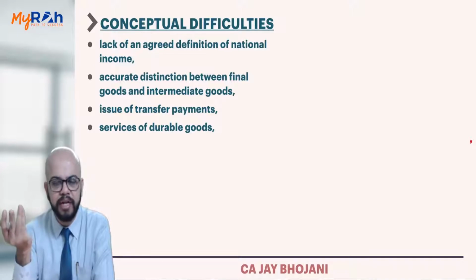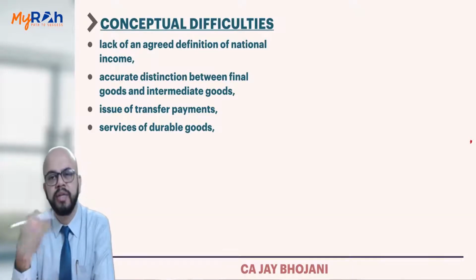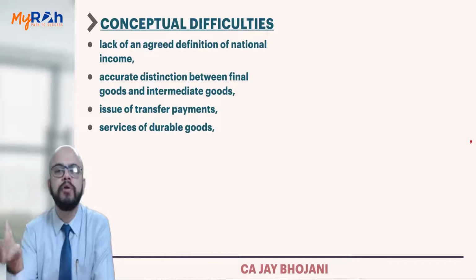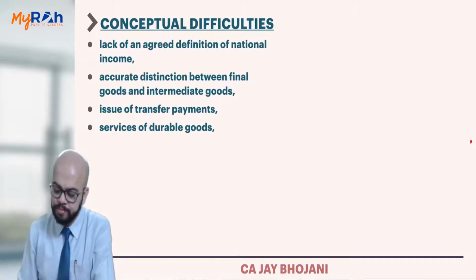The price that you pay for the product is inclusive of the price for the service as well. Then how do you value these services? Because the service will obviously not be provided in the same year. The service is usually provided in the next year or next to next year. So how do you value these? That also becomes a problem.